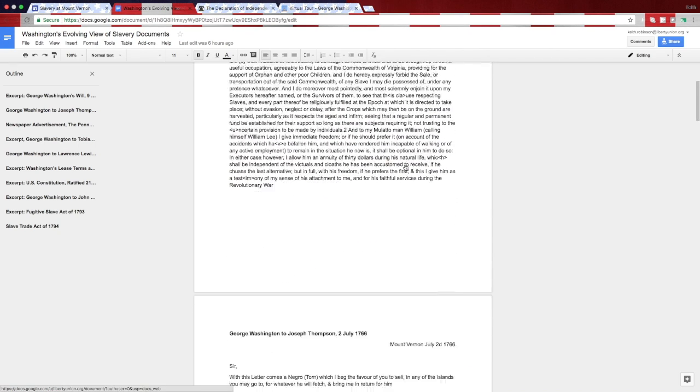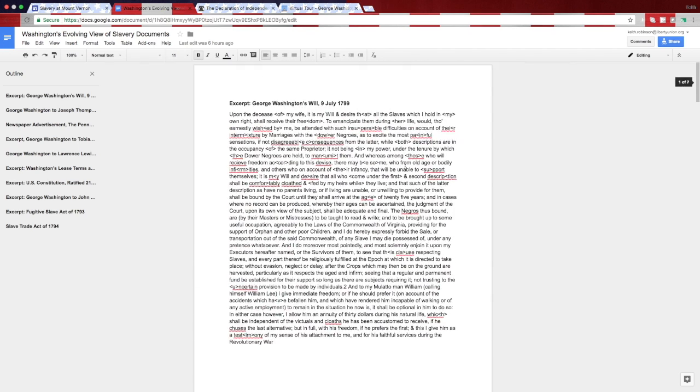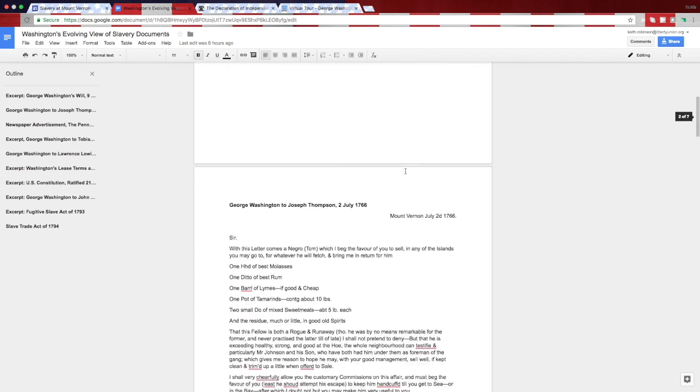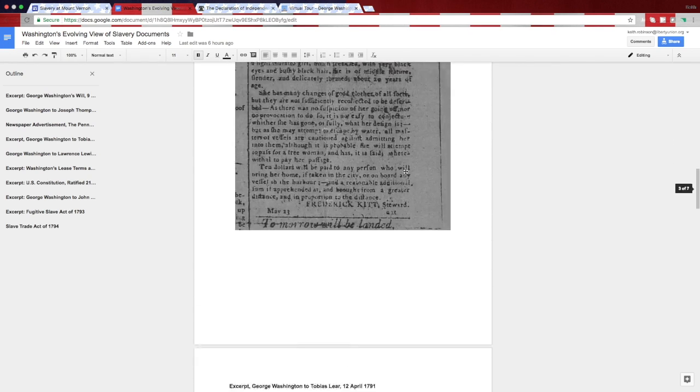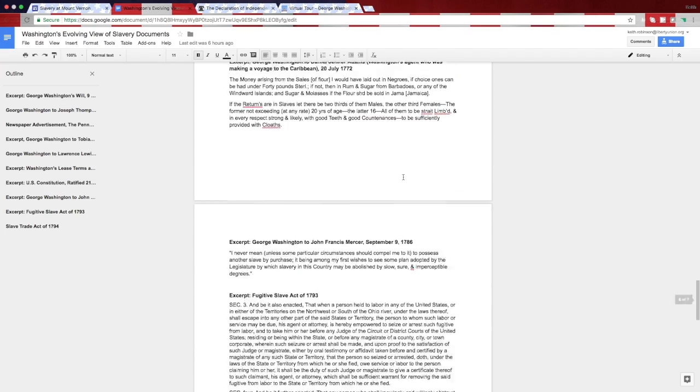And what students are going to be doing is dividing these up in their groups. They're going to have to write one-sentence summaries of each one of these documents, and put them in chronological order, which they are not in.